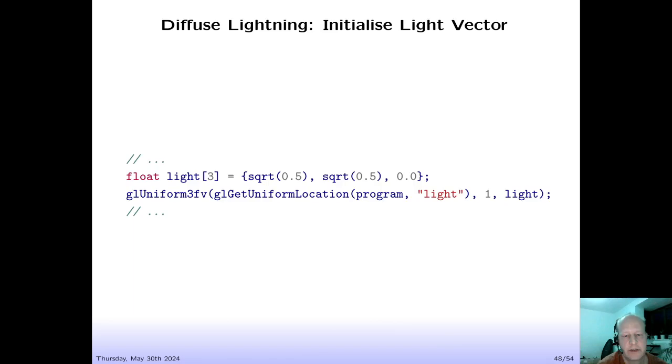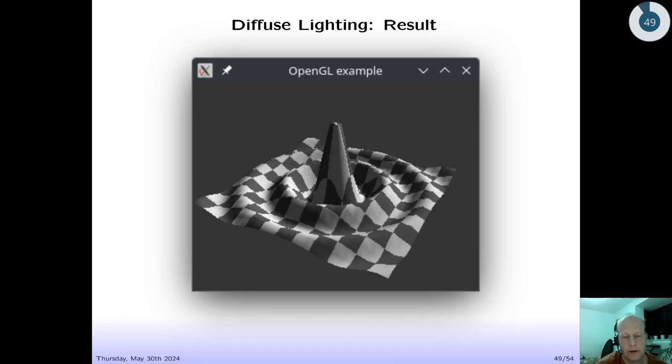So here we just say the direction is x and y identical components. So it's 45° upwards to the right that is the light source. And then we use glUniform3fv to set the light vector. And then it'll look like this.